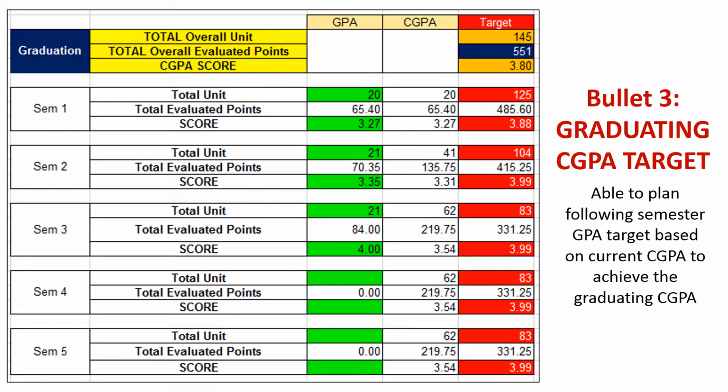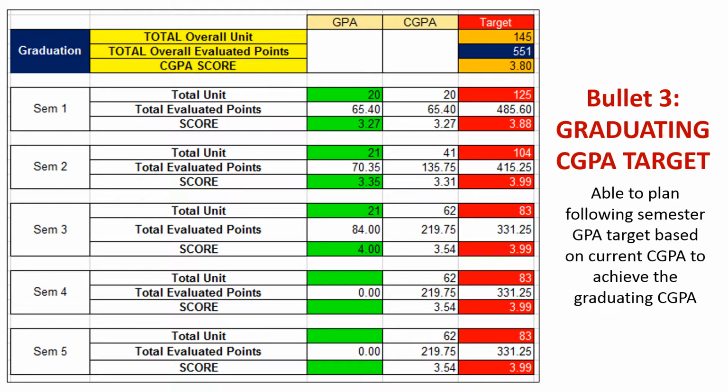Okay, so what will happen is for semester 1, the student taking 20 units says, okay, I want to get 3.80. So he has planned it in his bullet 2. He will work based on the percentage for each subject. He worked hard, but unfortunately for semester 1, at the end of the semester, he only managed to get 3.27. So it's okay. In bullet 3, you put the result in the green cells.